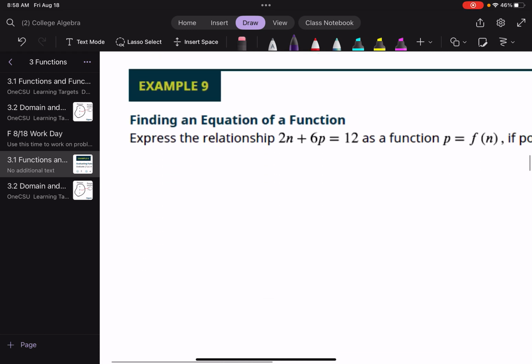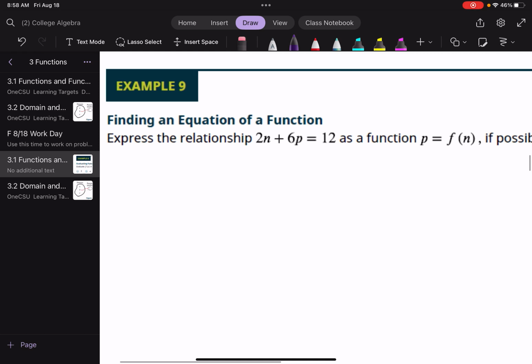Okay. Example 9 asks us to express the relationship given as a function, p equals f of n. And so what this is essentially saying is that we need to solve this for p so that what we have is a rule in terms of the variable n. And so we're just going to use the miracles of high school algebra to do so. We're going to isolate p. And so we'll start by subtracting 2n from both sides.